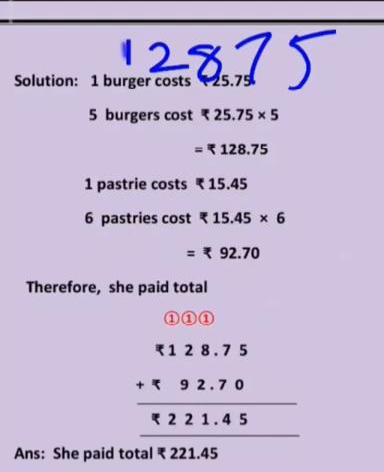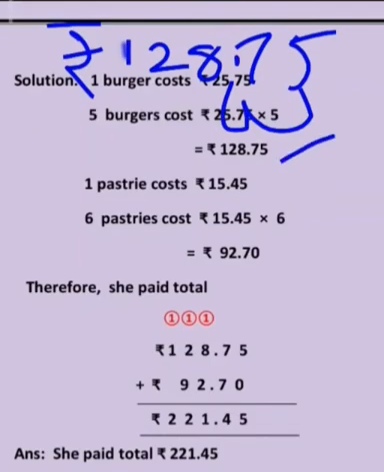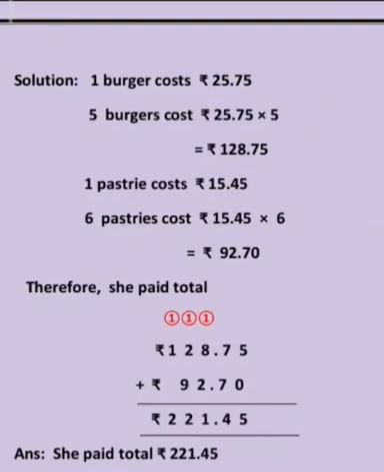Now as this is multiplication of money, we have to put the rupees sign first, as at the beginning there was the unit rupees, and next we have to put the decimal before 2 digits from the right hand side. So here our answer is 128.75. So finally rupees 128.75 we got.